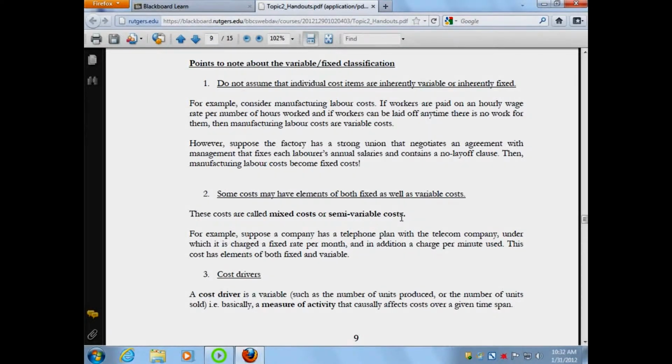Similarly, whenever you talk about a cost as being variable, it's again also a good idea to specify what is the range of activity that you have in mind. Okay, because it is very difficult to find examples of costs that retain the same behavior, that continue to remain fixed over their entire range, or which continue to remain variable in exactly the same way across their entire range. Okay, the point is clear? So always specify the range within which the cost is behaving the way in which you're describing it.